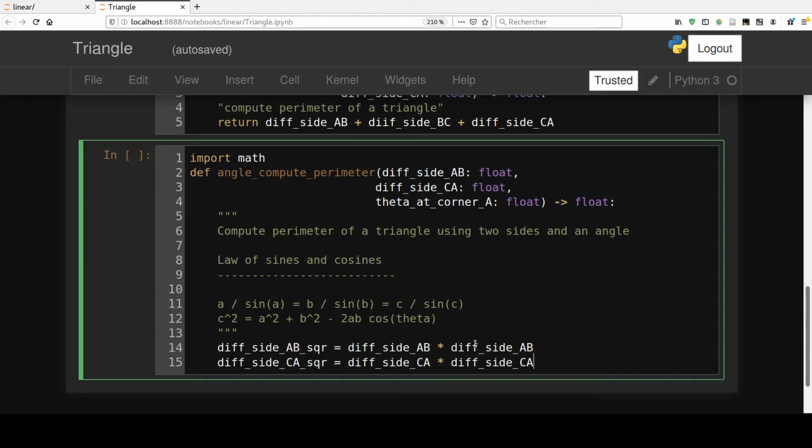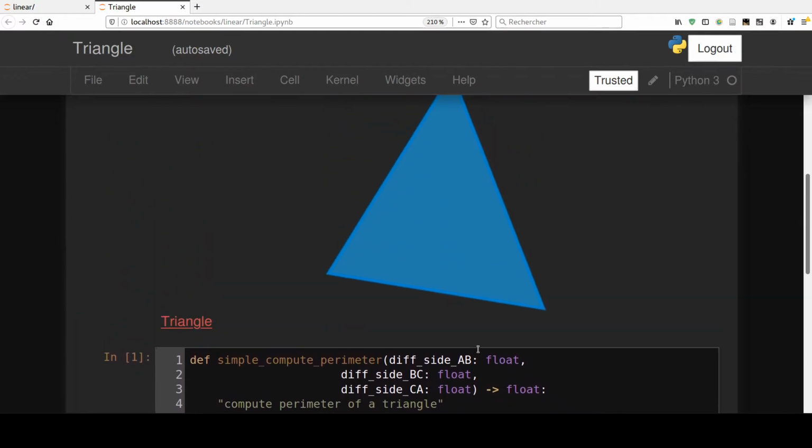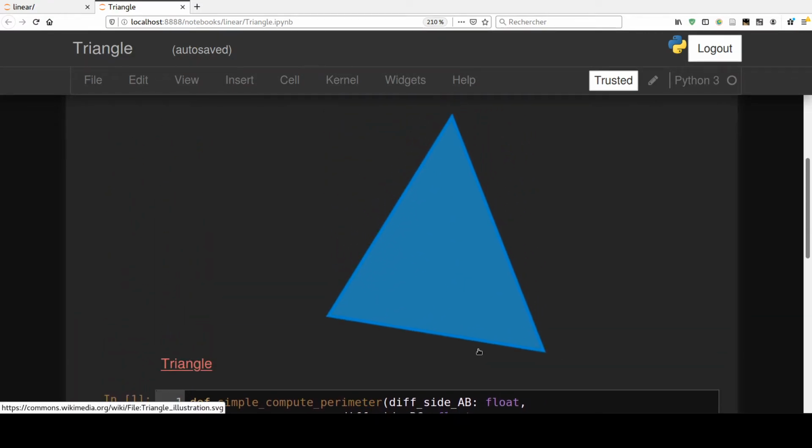I'm using the prefix diff because in a 2D setting, in an XY plane, this point is going to have two values associated to it, and you would have to compute the distance between this point and this point.